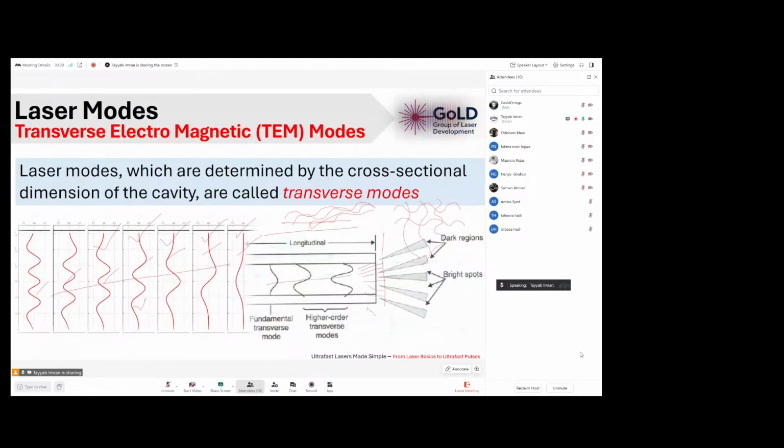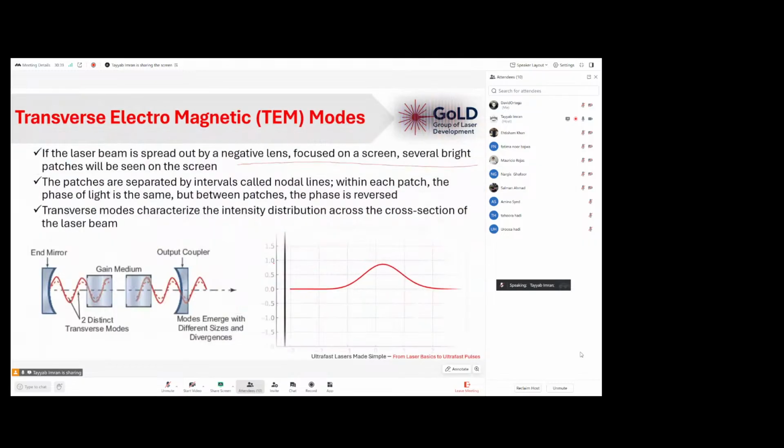These bright spots you see are because of the wavy patterns in the cavity. So the first thing is that it is represented with TEM and two integers, M and N, which show how many patches and how many minima there are.